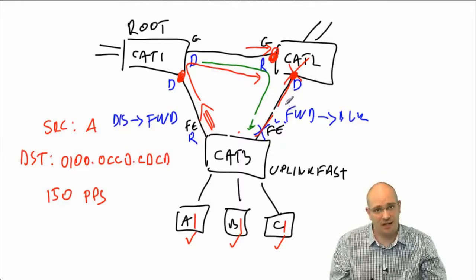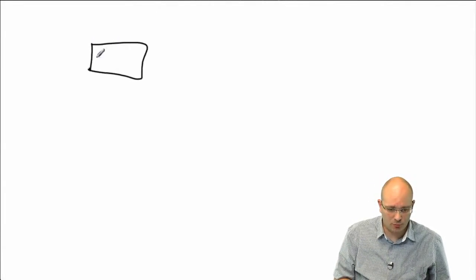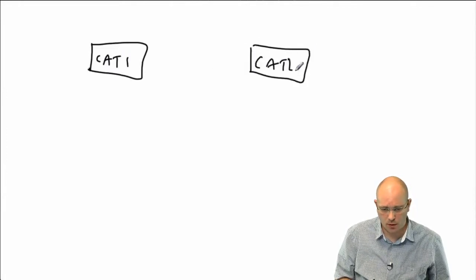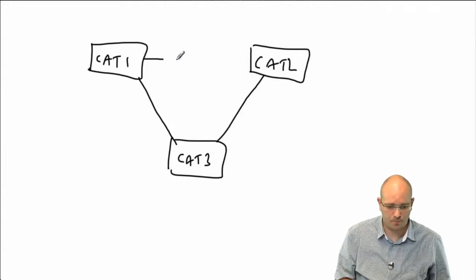Let's try to see it in action. To do that, I'm going to build a network that looks almost identical. I'm going to use Cat1, Cat2, and Cat3 configured in a triangle like this.